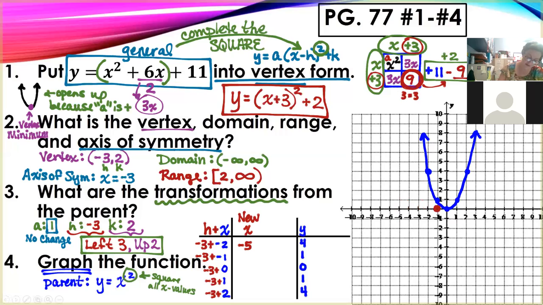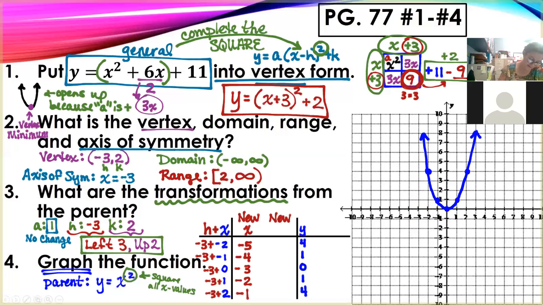The next x value is -1, and I want to go to the left 3: 1, 2, 3. That puts me right there at -4. And notice my x's just keep going in order from there: -3, -2, and then -1. So there's all my new x's.